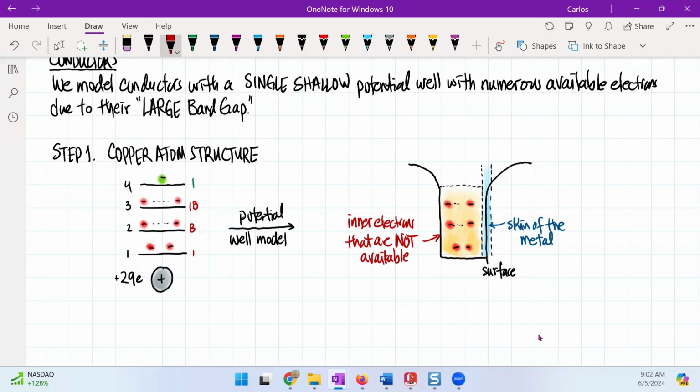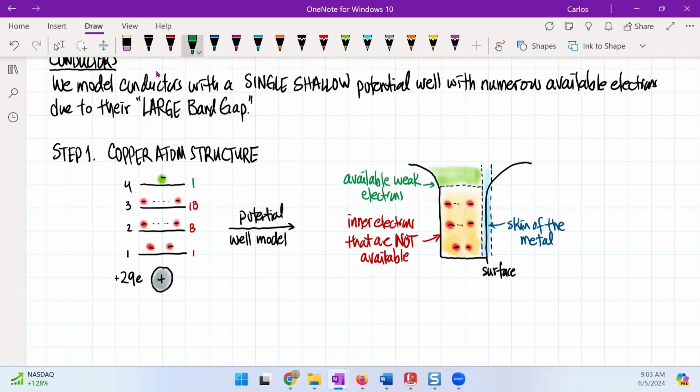The only electrons that are available are the weakly bound electrons. So then I'm going to come in here and I'm going to shade this right here. And this here is the region that we're talking about. And these are the available weak electrons.